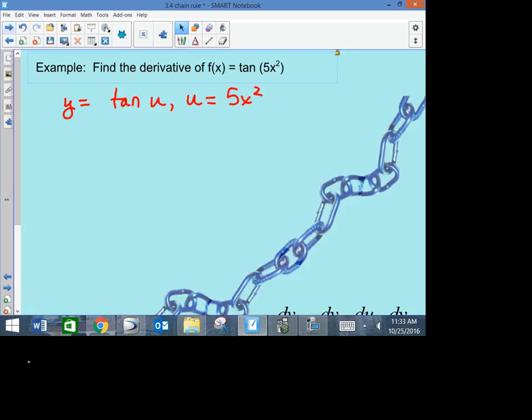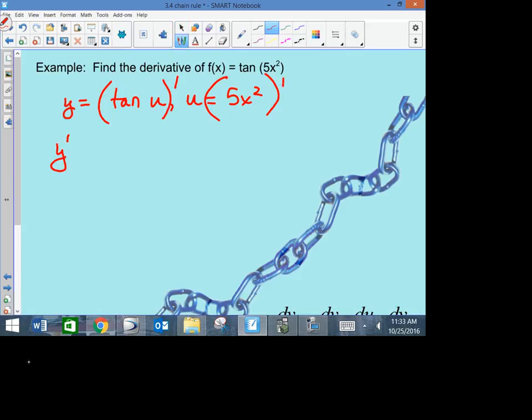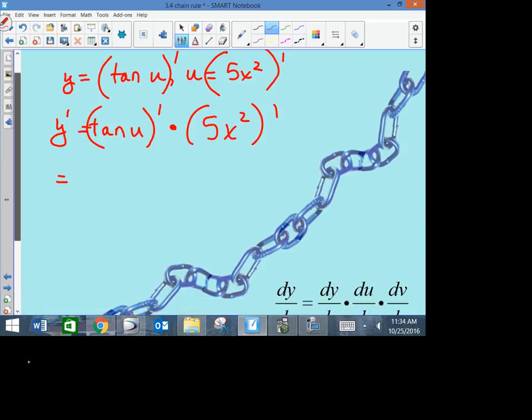Okay? All right, now y prime says take the derivative of each piece. You don't have to write this out, I'm just going to be clear. All right, what's the derivative of the tangent of u? So you get secant squared u, good.